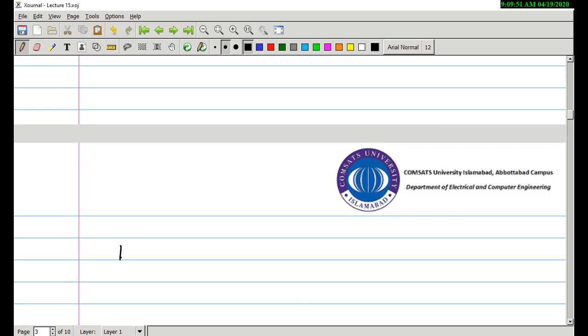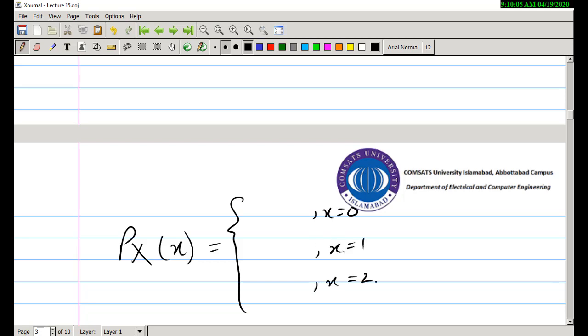We can say that P_X of x is equal to: we know the values of the range, so here we will have the range, and here the probabilities: for x equal to 0, 1 by 4; x equal to 1, 1 by 2; x equal to 2, 1 by 4; and it should be completed by saying 0 otherwise. If we do not write 0 otherwise, it is not complete.